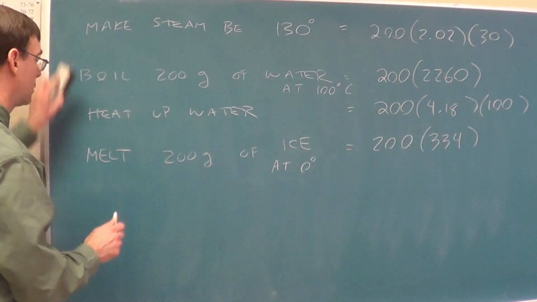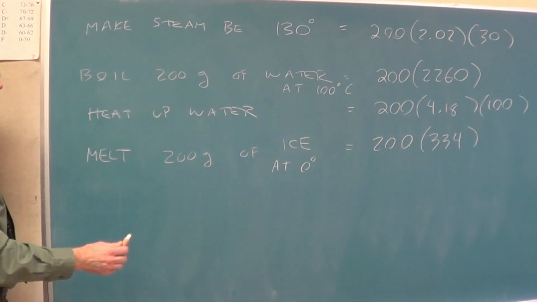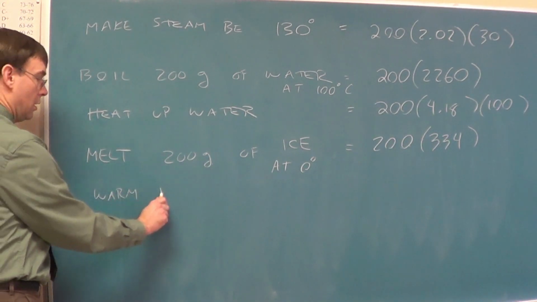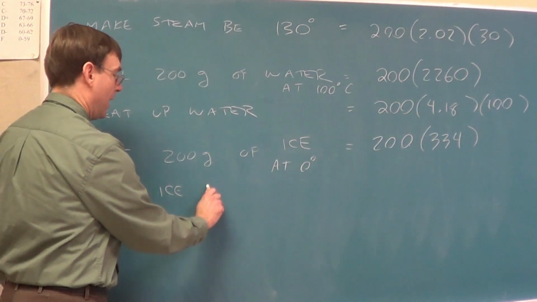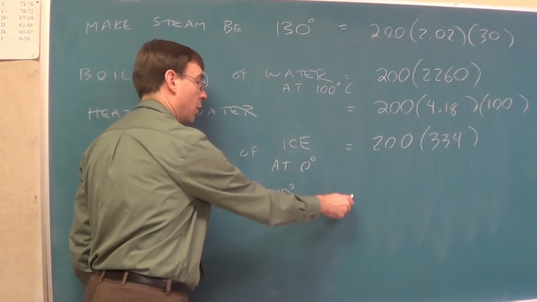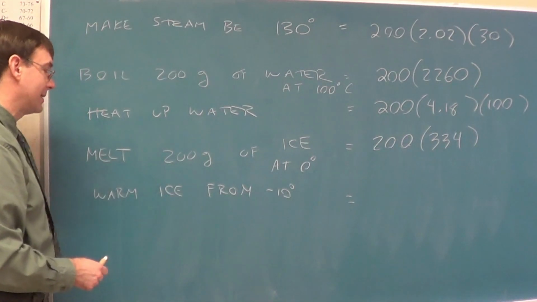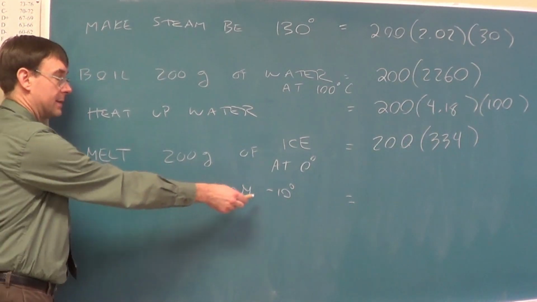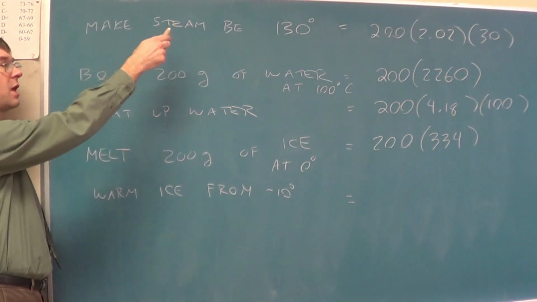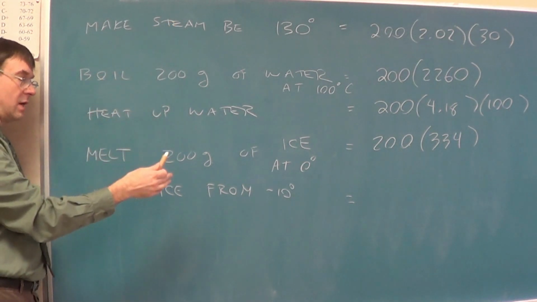If I told you a story where my ice is originally -10 degrees, we'd have to warm the ice from -10 degrees before we could even melt it. So if I said, hey, I've got super cold ice that's negative, I want you to make super hot steam that's over 130, you're going to have to go through 5 transitions.